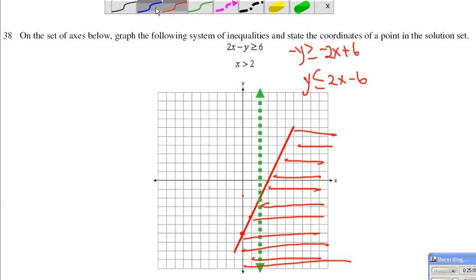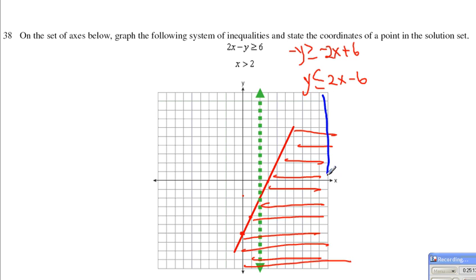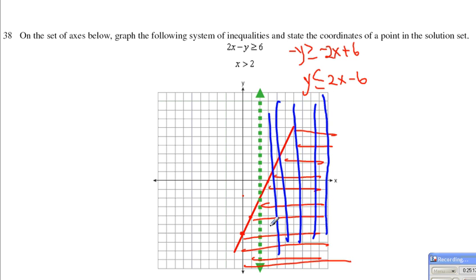So x has to be greater than what we are looking at. Then we realize that our answer will be right over here. That becomes our solution, big S.